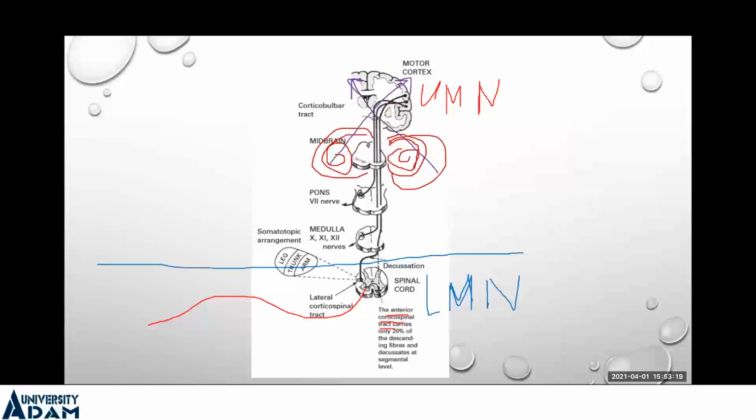For example, the left hemisphere of the cerebellum influences the right hemisphere of the cortex. And the same thing is happening here: the right hemisphere of the cerebellum influences the left part of the cortex.